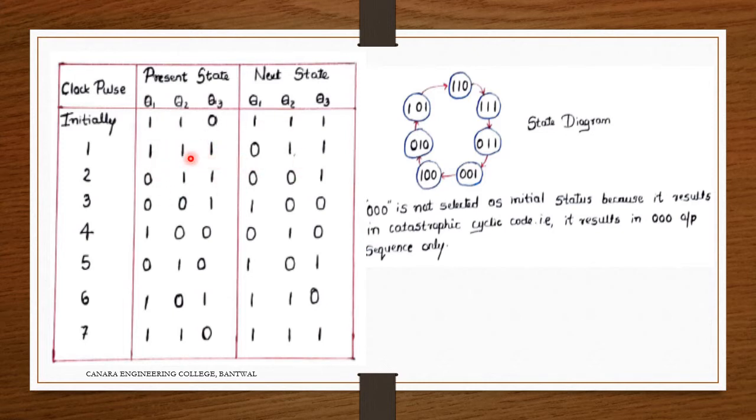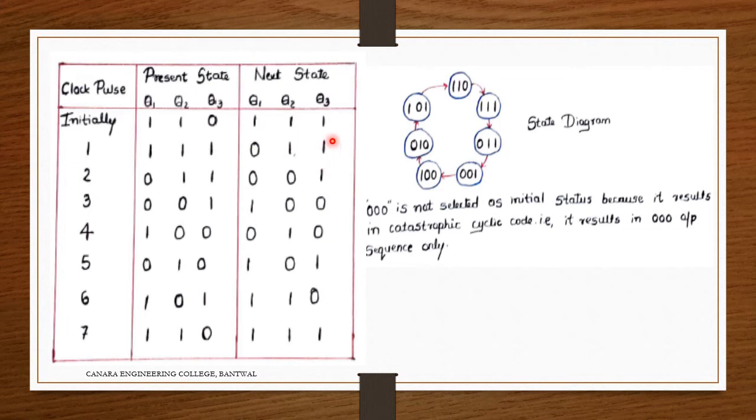After the clock, 1 and 1 get added, modulo 2 gives 0, then 1 is moved to Q2, Q2 to Q3.